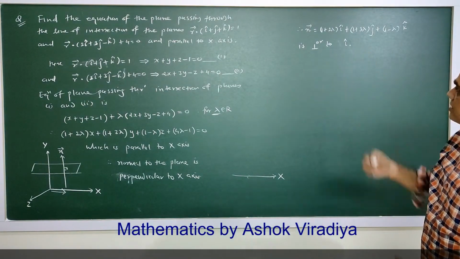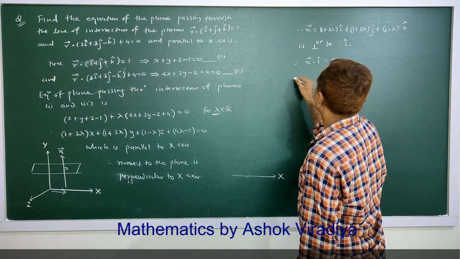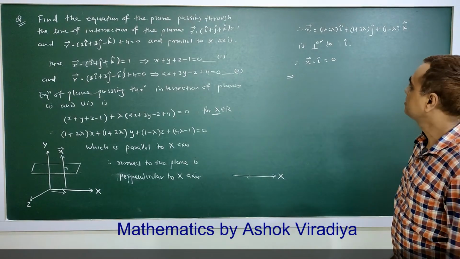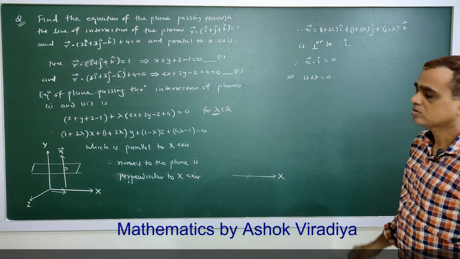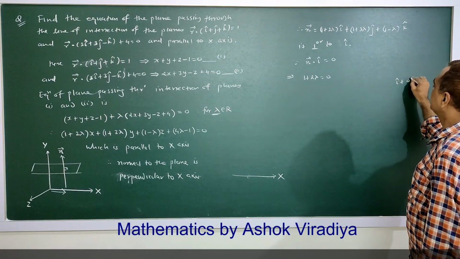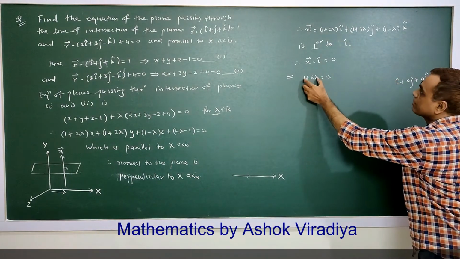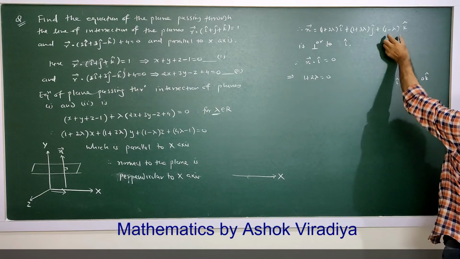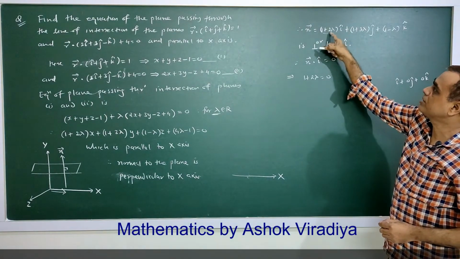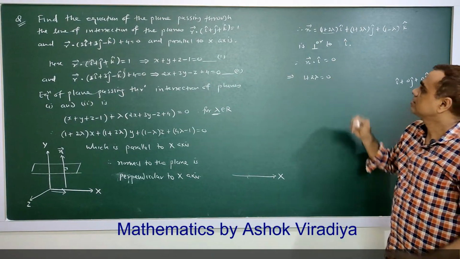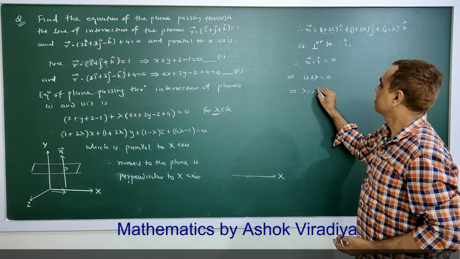So vector n dot i is 0. Therefore (1 + 2 lambda) into 1, where i cap is i + 0j + 0k, so the other numbers into 0 are 0, and we keep only the non-zero value: 1 + 2 lambda equals 0. Therefore lambda is -1/2.